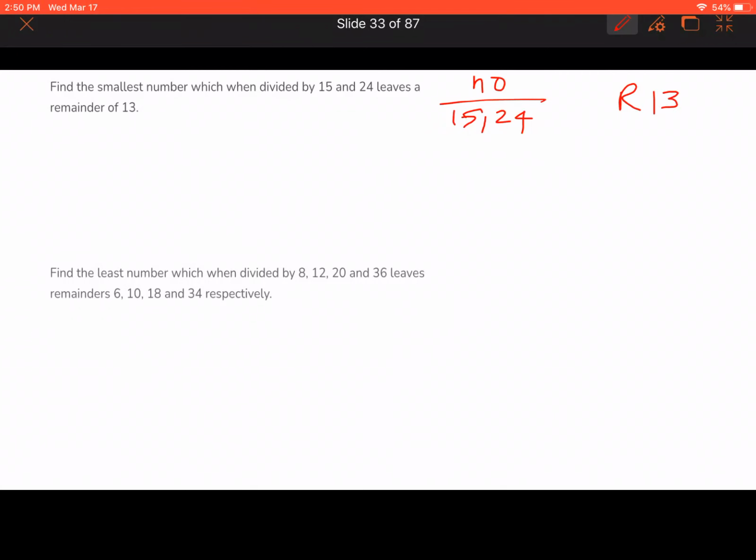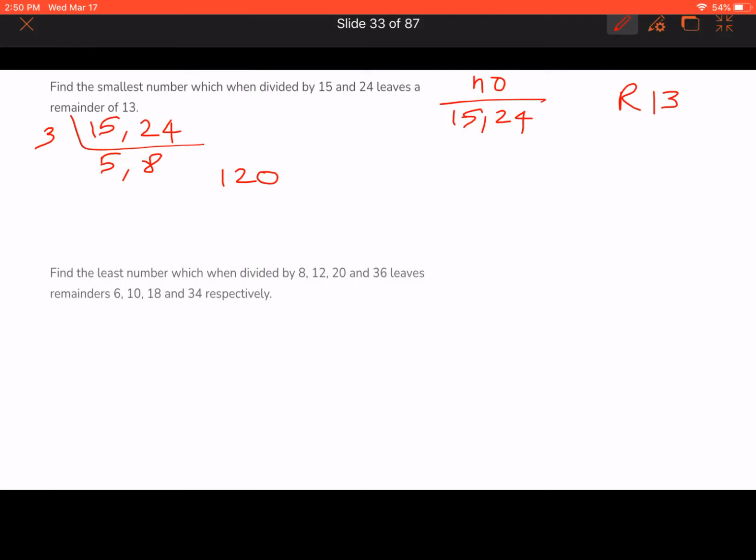remainder of 13. Right? So in such a case, first we will find the LCM. So it is 5 and 8, so 8 times 5 times 3 is 120.